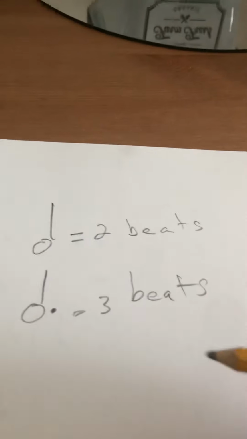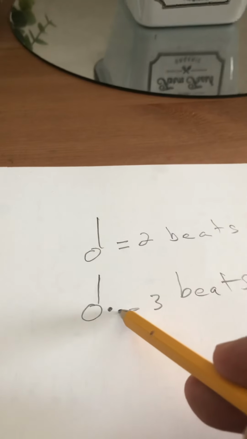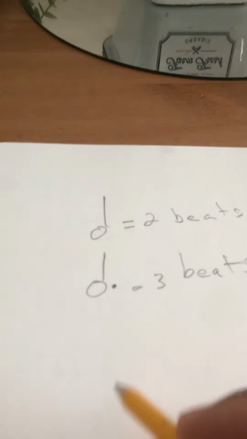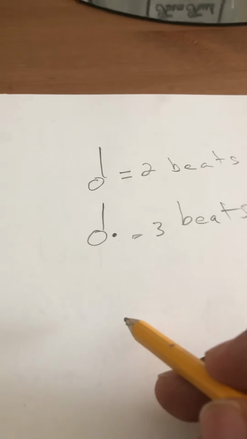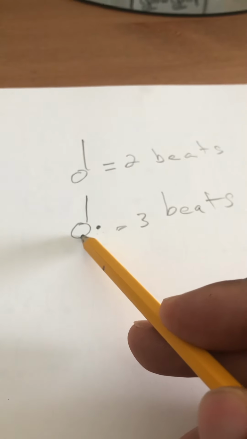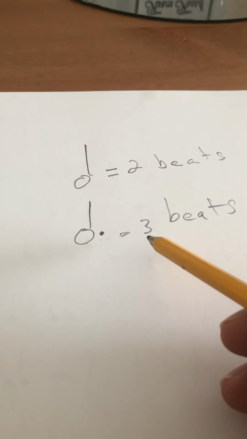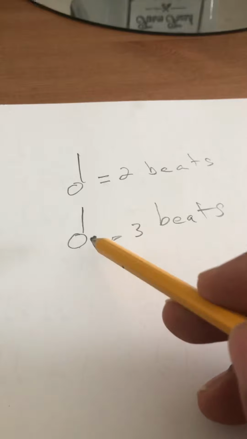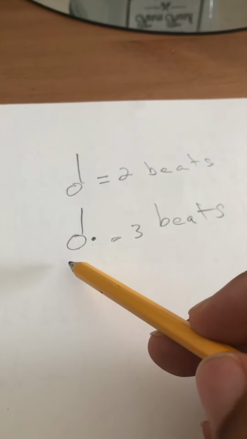Why does it get 3 beats, Mr. Span? Well, the reason why is because this dot here adds an extra half of the value of the note it's attached to. In this case, it's attached to a half note, okay? The half note is worth 2.